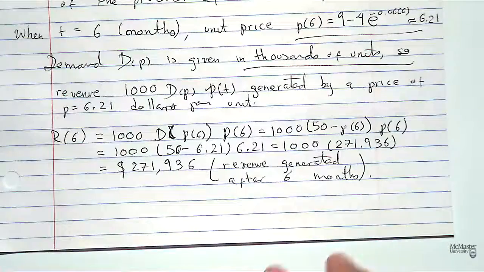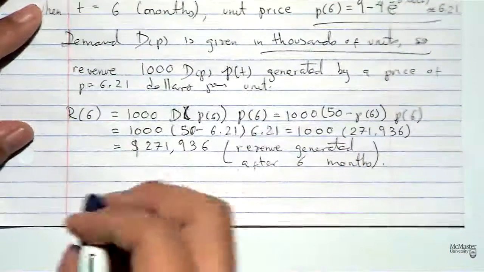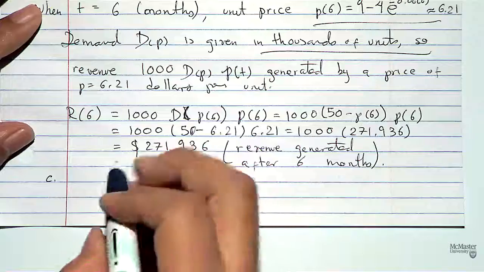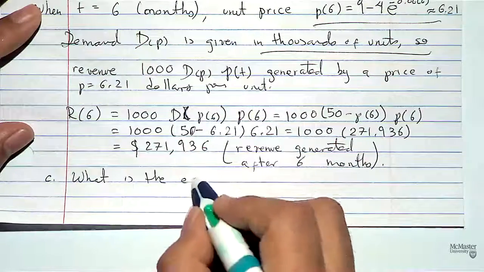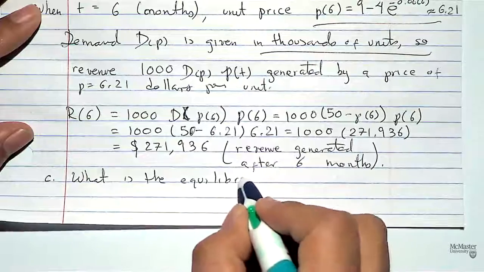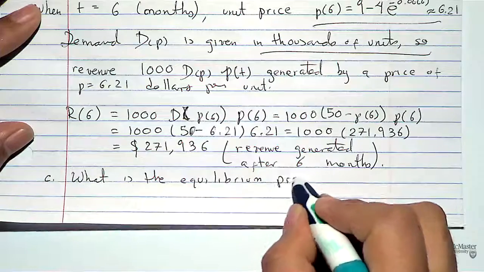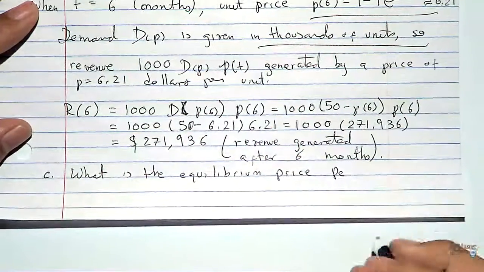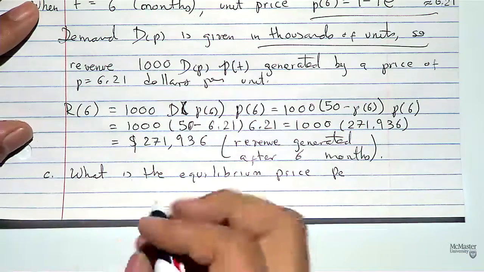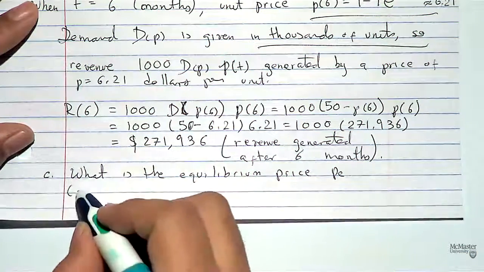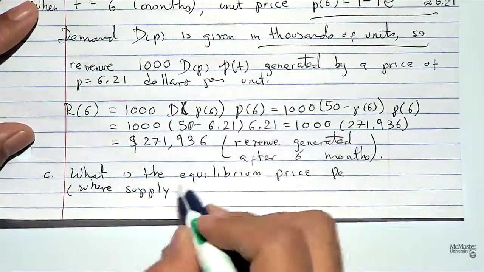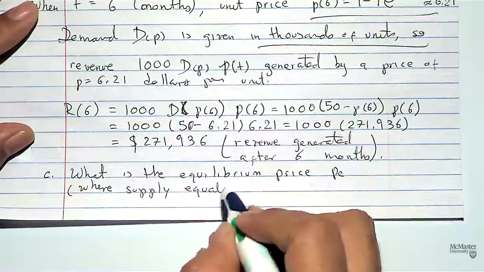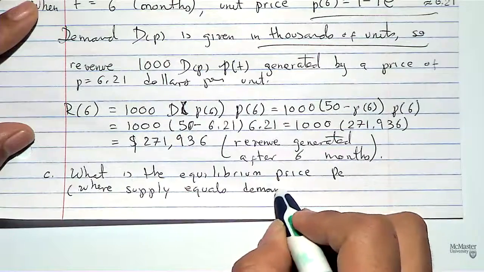So the final question is the following. What is the equilibrium price, P(E), the price of equilibrium, which is defined by the price where the supply equals the demand? So what is this price?